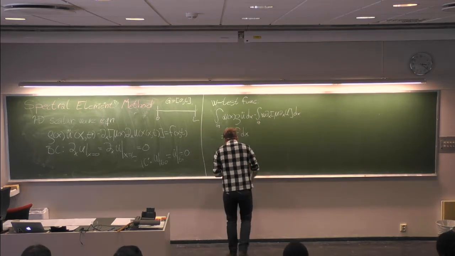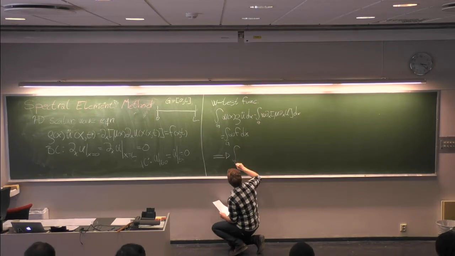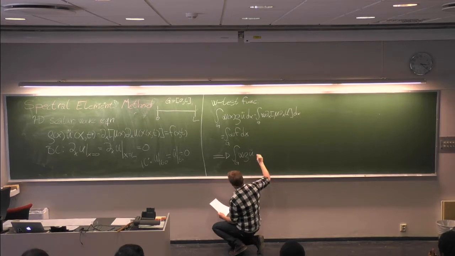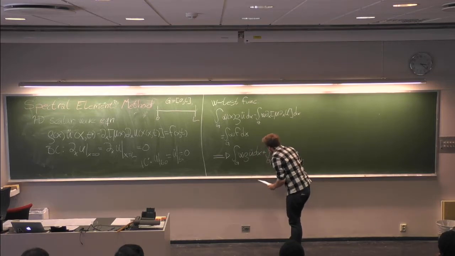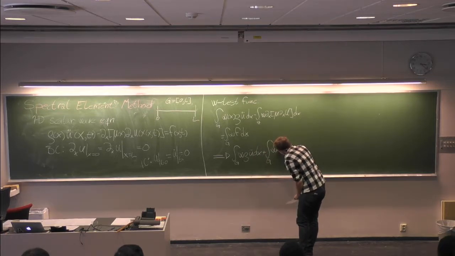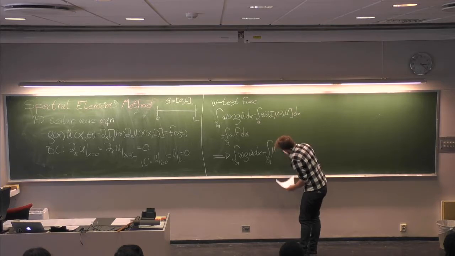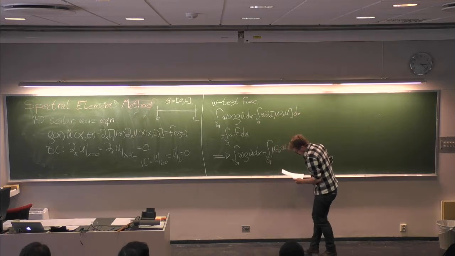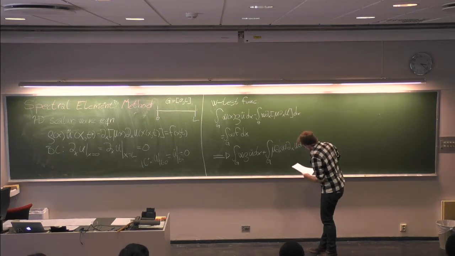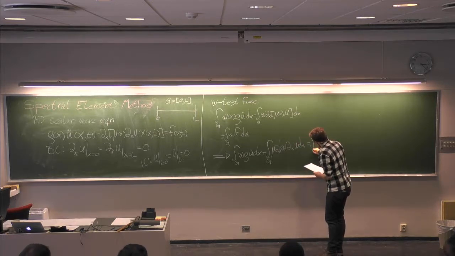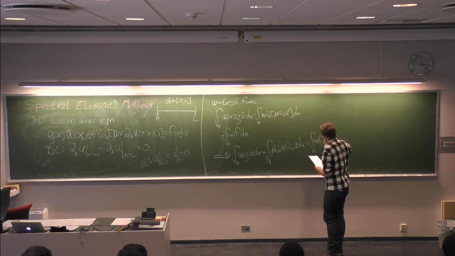So we can actually write this in the form: the integral over G of rho w times the double time derivative of u, plus the integral of mu times the spatial derivative of w times the spatial derivative of u, equals the integral of w f.